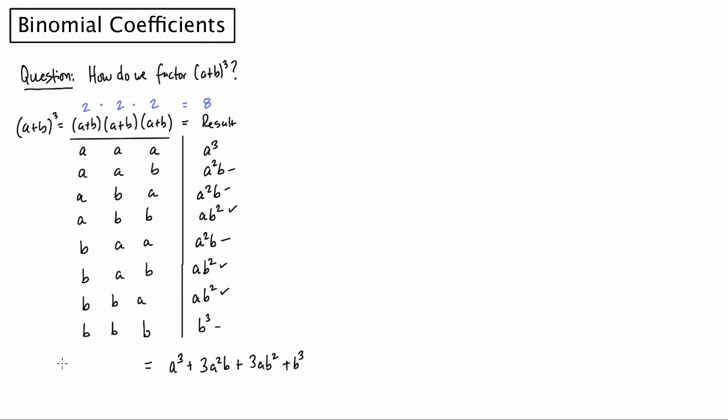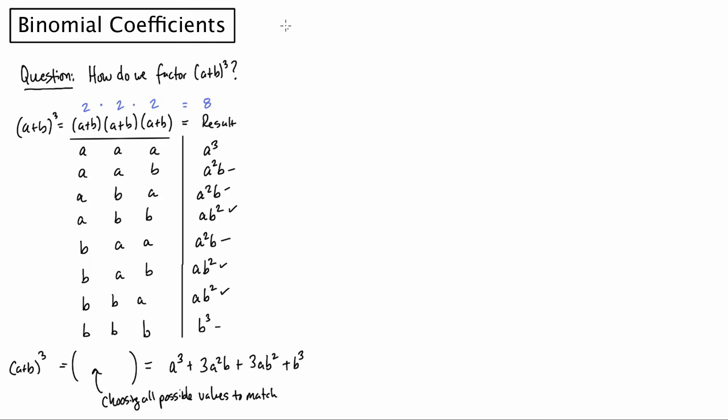And so the result of a plus b cubed is this factorization: a cubed plus 3a squared b plus 3a b squared plus b cubed. The result comes from choosing, like we did in the columns, all possible values that we're matching up here from each of the possible factors.